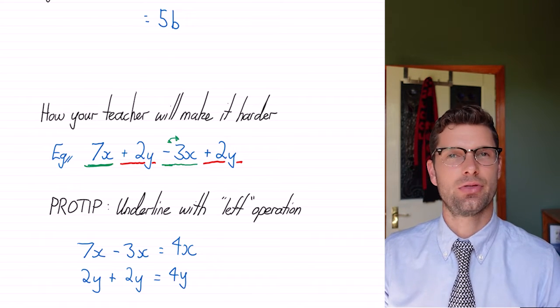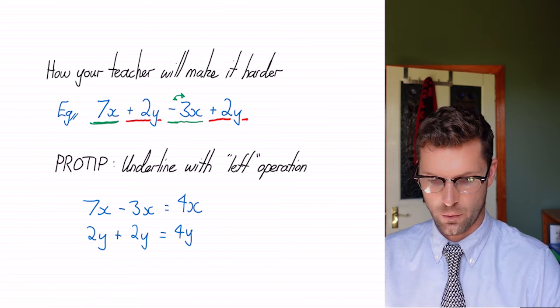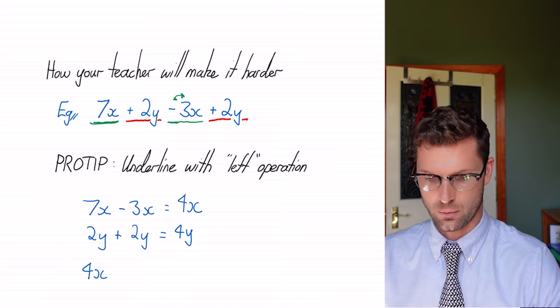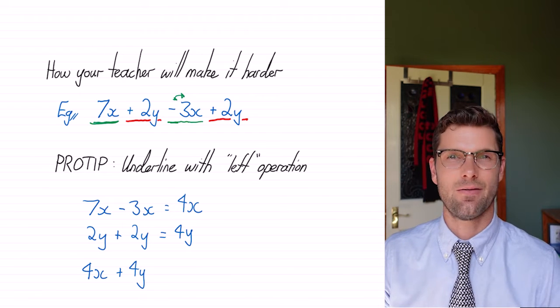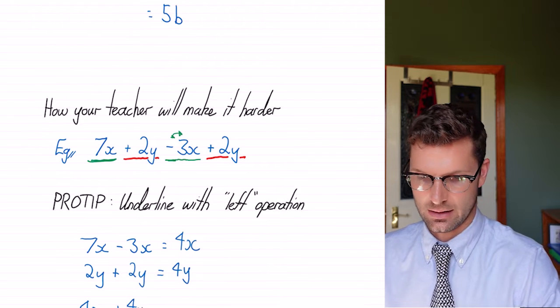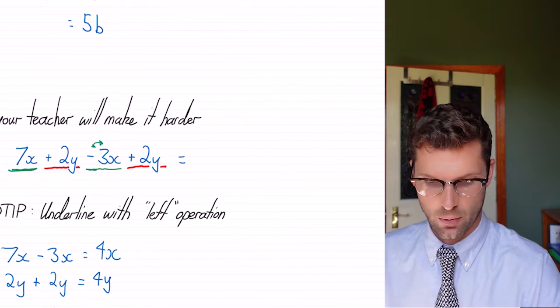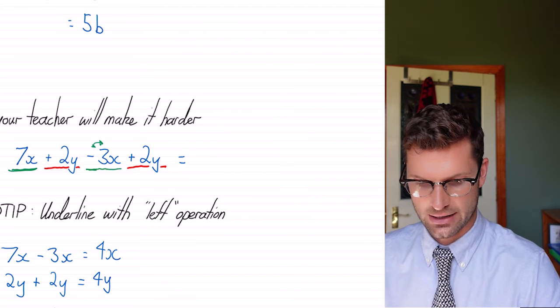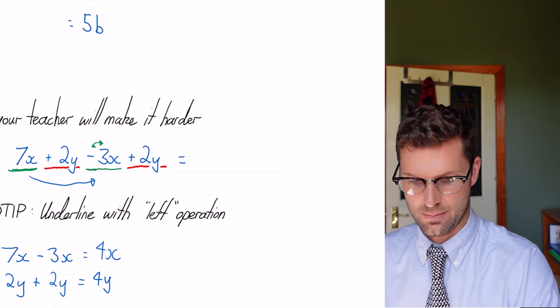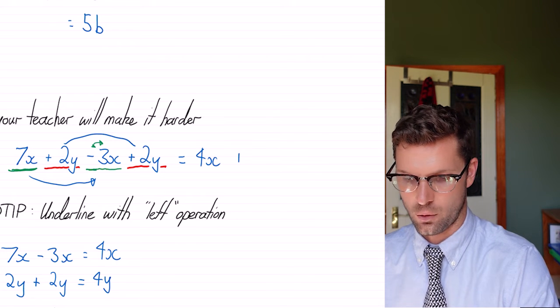Then I'm going to put these into a last final sentence. So we've got 4x plus 4y, and that is our final answer. You can do it in the one step from straight here. If you are able to do this straight away, with 7x minus 3x, you can just make that 4x and then plus 4y.